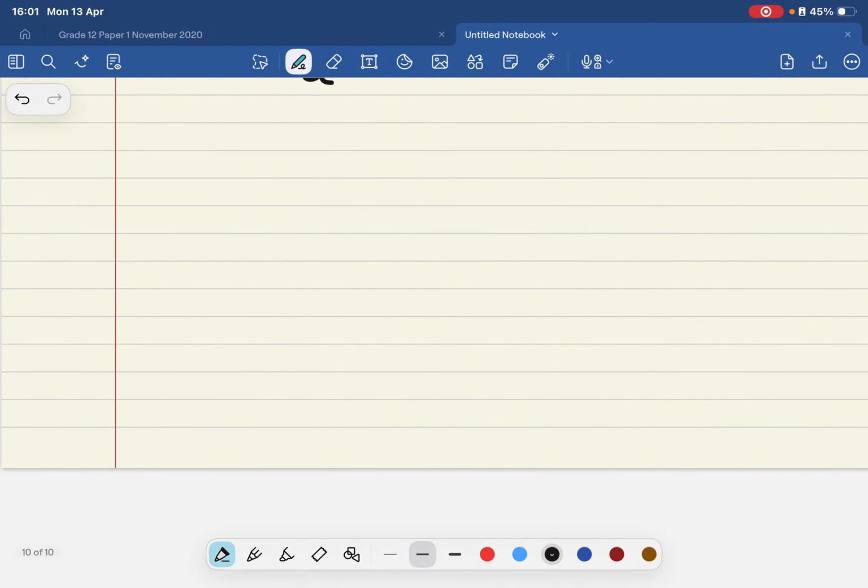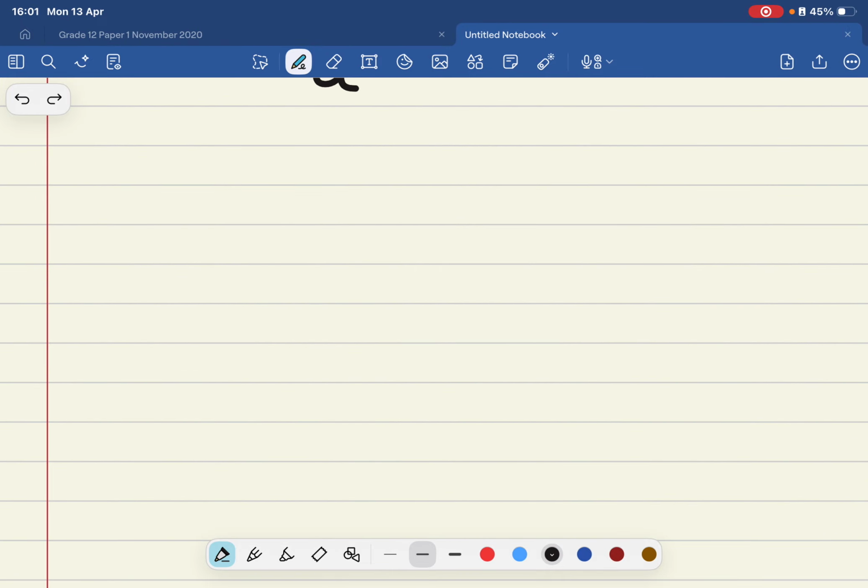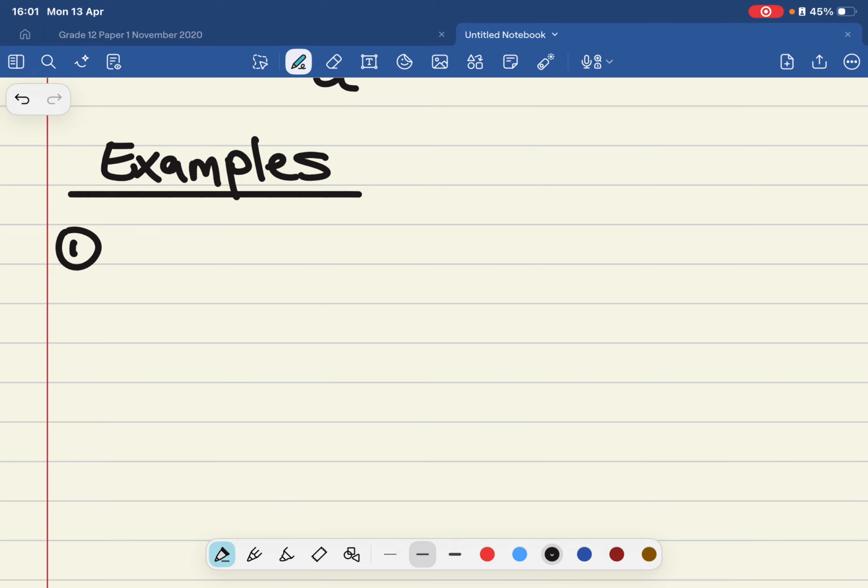Now I think it's very important for us to do at least an example and see how we apply these laws of exponents. Number one, for example, let's say we are given 27 to the power of 2 over 3.